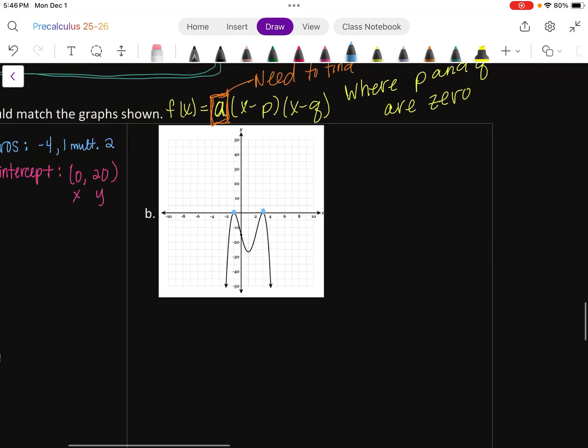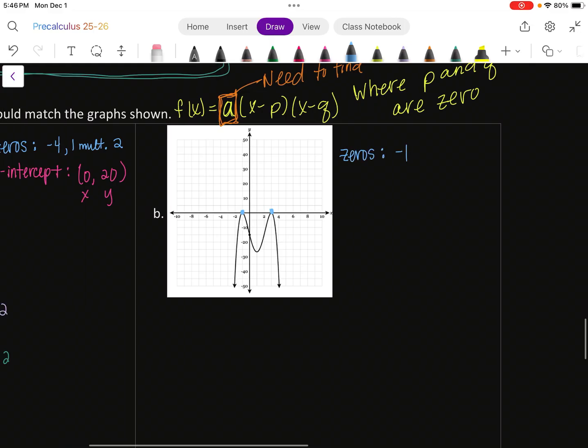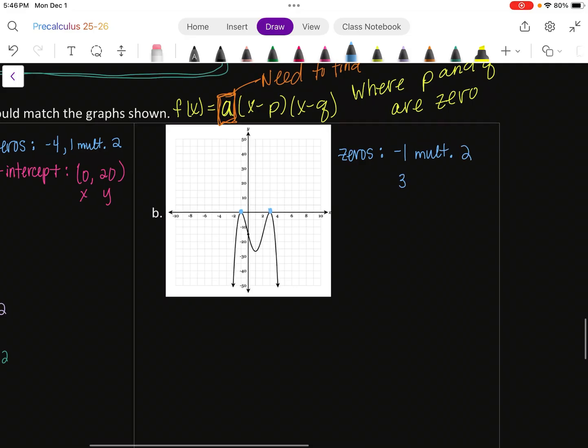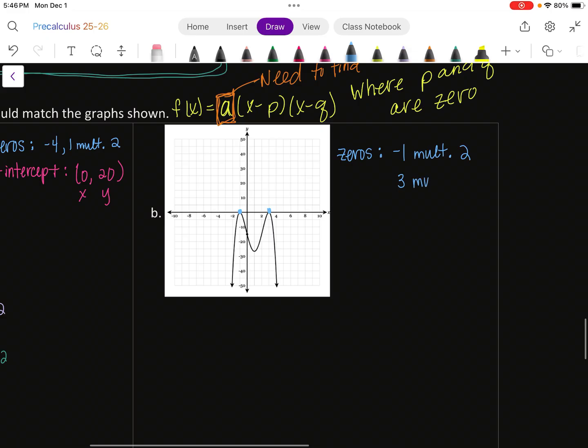Zeros. Looks like I have negative 1, multiplicity of 2, and 3, multiplicity of 2. I have a y-intercept of 0, negative 30.